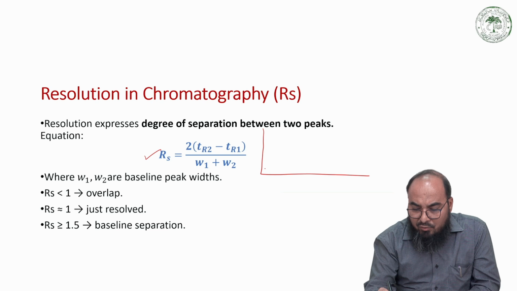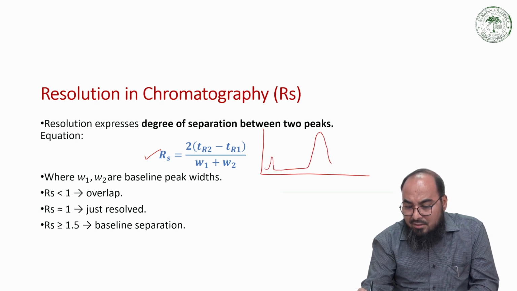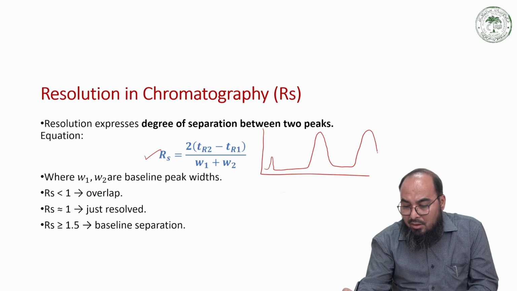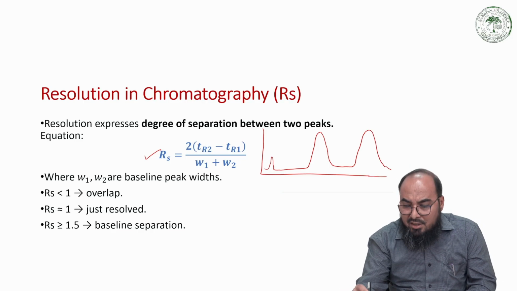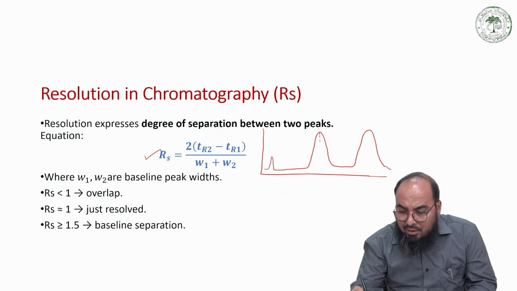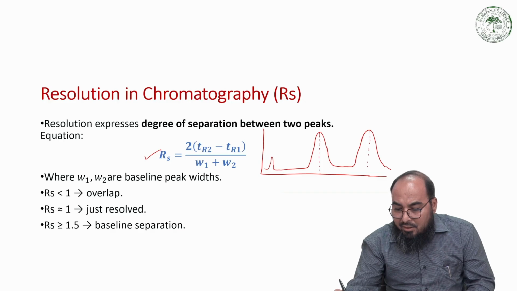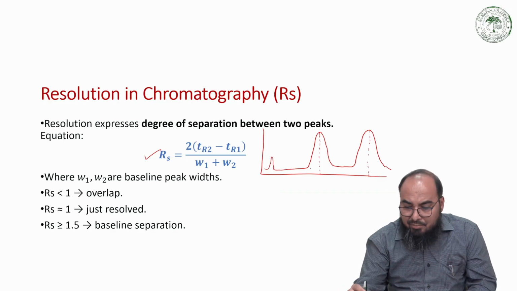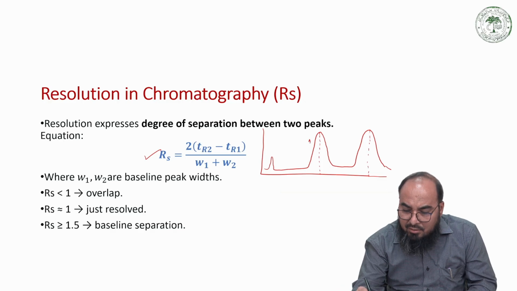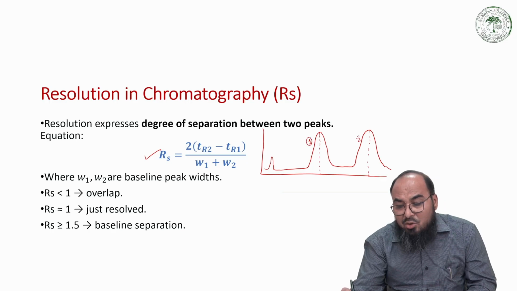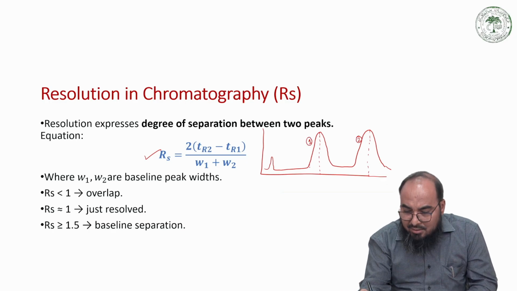Let us see. Now we have a chromatogram. We have a TM. Now these are two well-defined, well-resolved peaks. Let us draw a perpendicular here. For example, this is peak number 1 and this is peak number 2. This is called W1 up to this point.